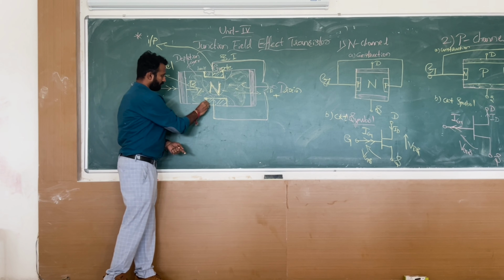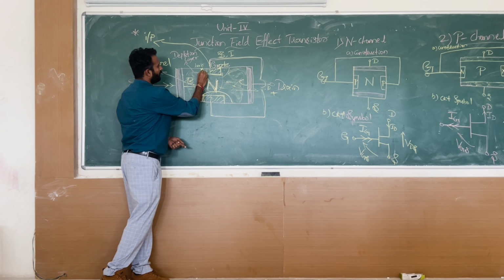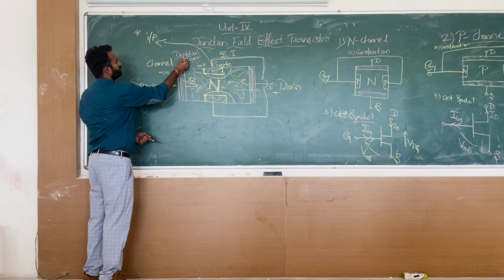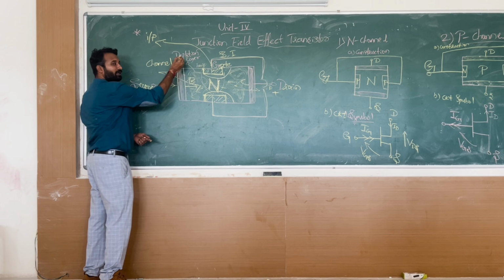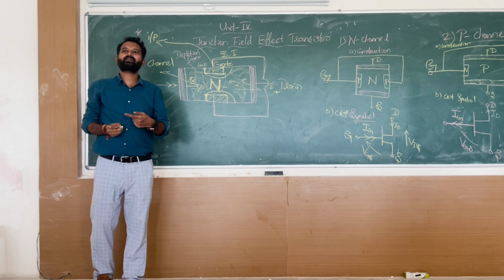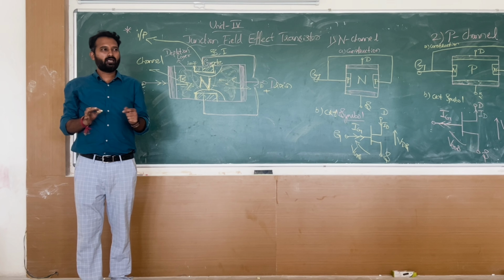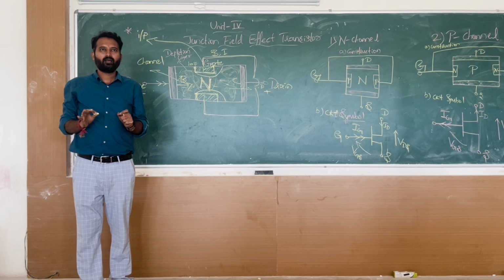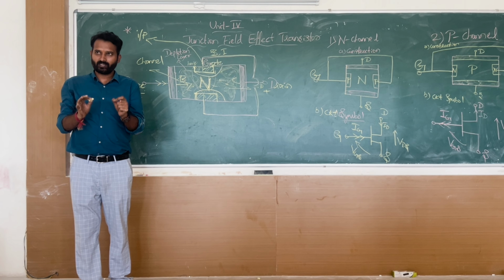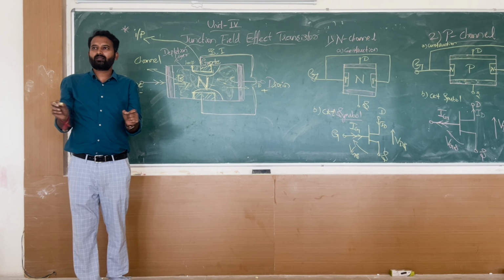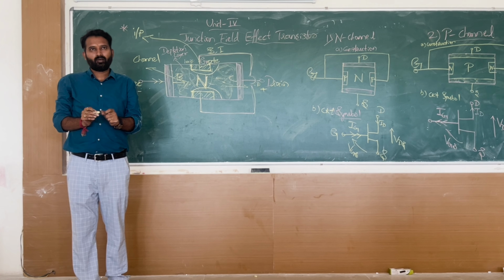Understandable? And whatever is above this is nothing but what? Depletion layer, depletion region, space, whatever you call it. Clear? Understandable? This is the construction of the device. How the device is constructed. Clear?